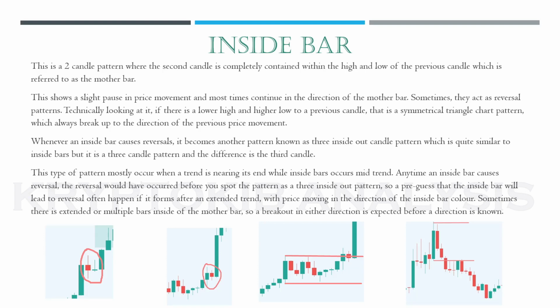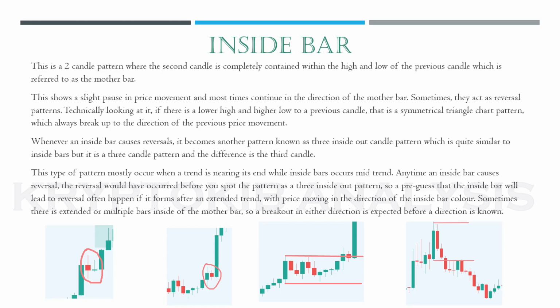You can have an inside bar formation, and until that third candle forms you can't call it a three inside out. Some people will call it three inside up or three inside down. This type of pattern mostly occurs when a trend is nearing its end, while inside bars occur mid-trend. That is the difference between the two.